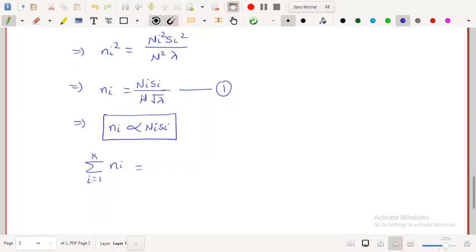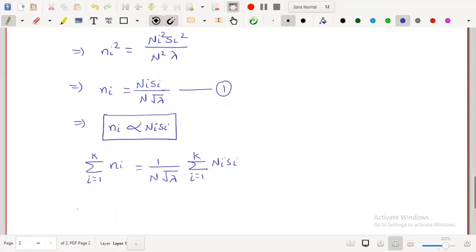Then we will get, now here 1 upon N into root lambda is constant, so this will be summation i running from 1 to k Ni Si. We want to find the value of root lambda, because lambda is constant and we have to put it here.